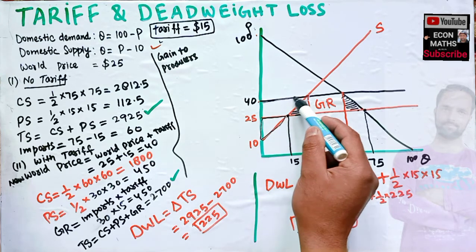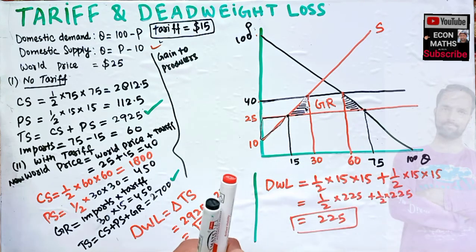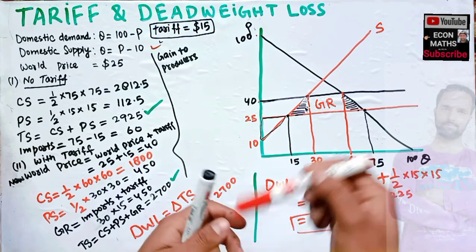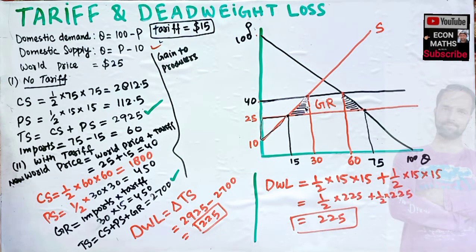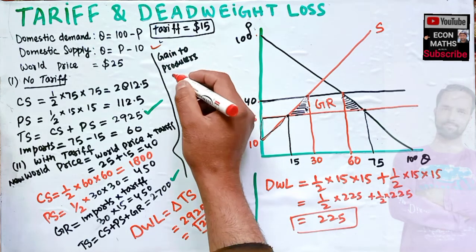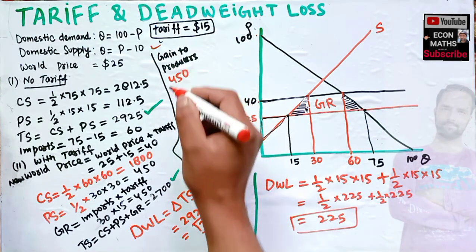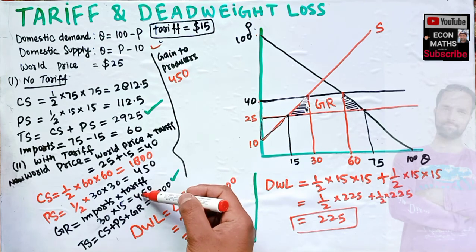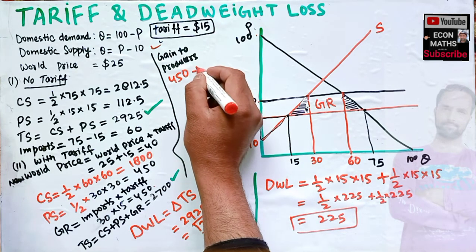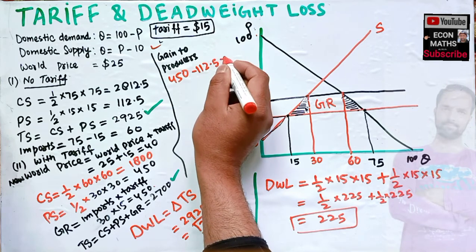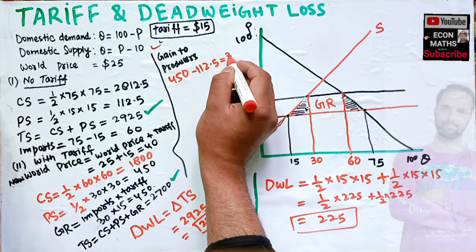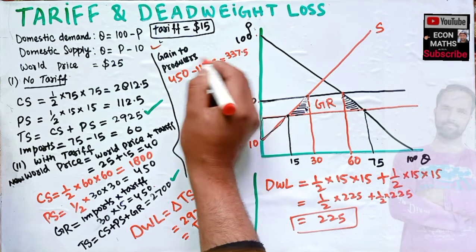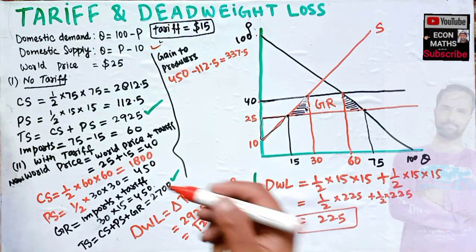Now it has increased; it has actually absorbed a part of the consumer surplus. So the gain to the producers is this 450 minus 112.5, which comes out to be 337.5.